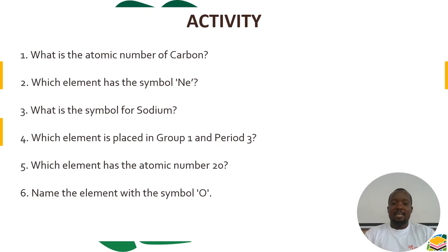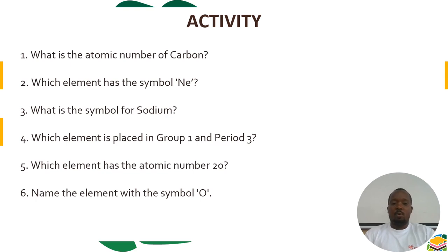Please feel free to provide your answers in the comment section. And look for more questions on this lesson. Compare your answers for this activity with my answers, which will be provided.